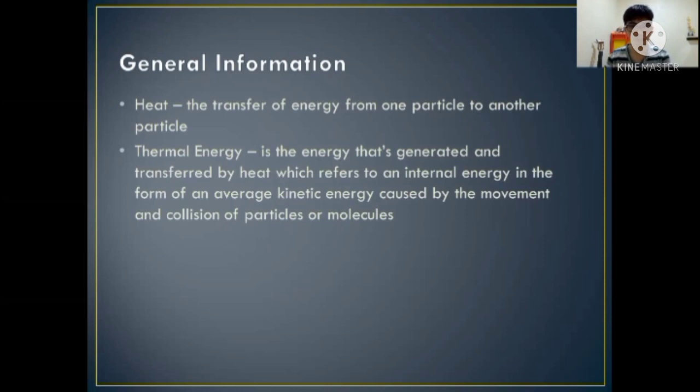Thermal energy is one type of kinetic energy, since it's caused by the movement and collision of the particles themselves. This energy is generated and transferred by heat. So when heat is transferring, they use thermal energy.